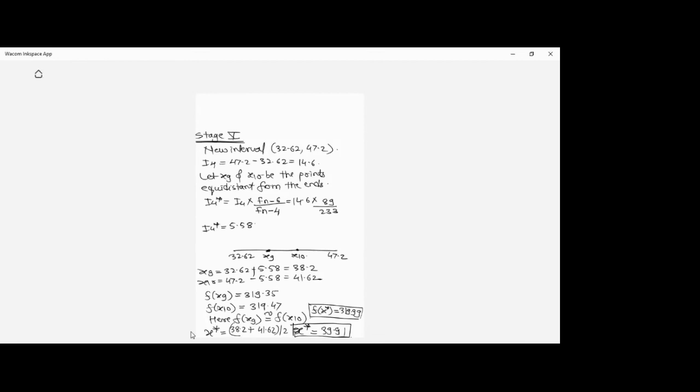Here I'll be writing only the points x1, x2, and here I will be writing f of x1 and f of x2, right?